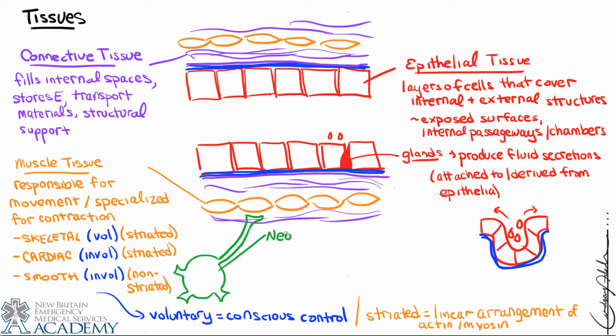And the final type of tissue is neural tissue. Neural tissue is responsible for conduction of electrical impulses from one part of the body to another.